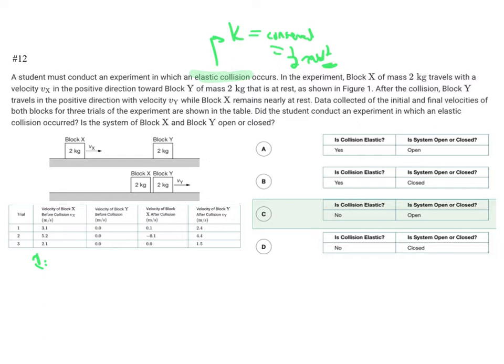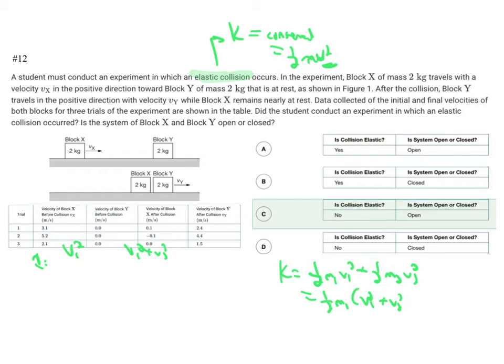And yet what we have here, let's do that for real: 1/2 m1 v1 squared plus 1/2 m2 v2 squared, but we can factor out the half and have v1 squared plus v2 squared. So we have over here v1 squared and over here v1 squared plus v2 squared, the before and after.